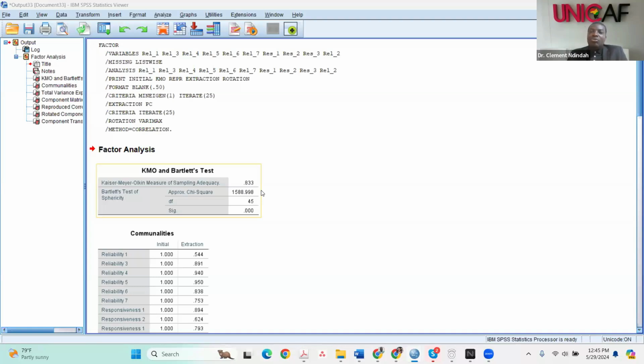When it is less, or when SPSS is unable to generate a KMO value for you, it means the sample you are using is not a good fit. You might also have in your sample some variables that are very poorly defined. KMO is also slightly sensitive to that, especially variables that have negative correlation with the other variables.